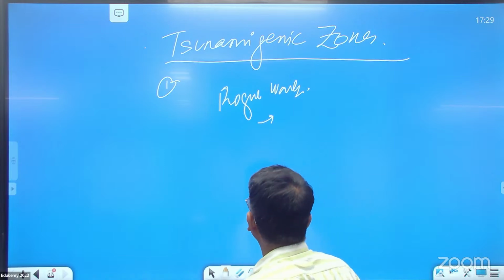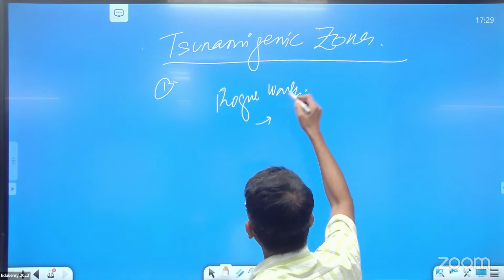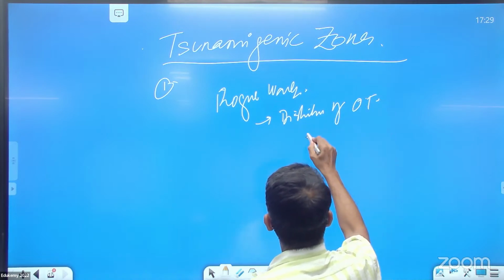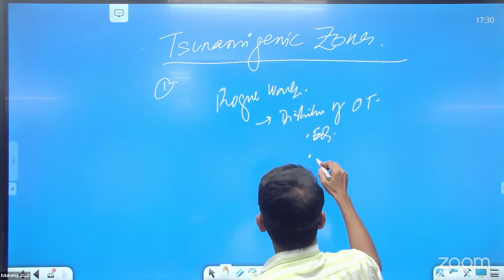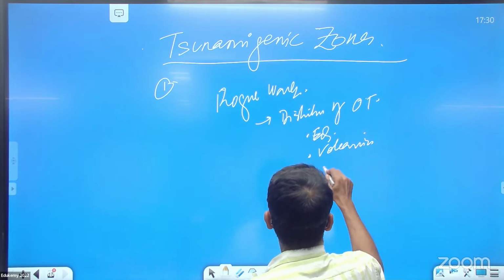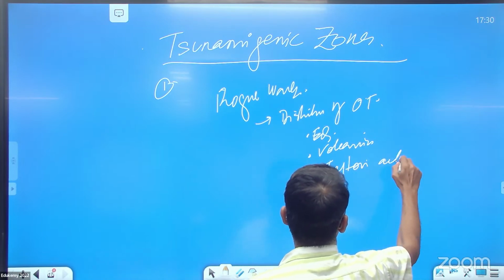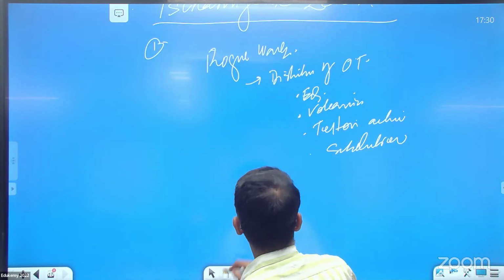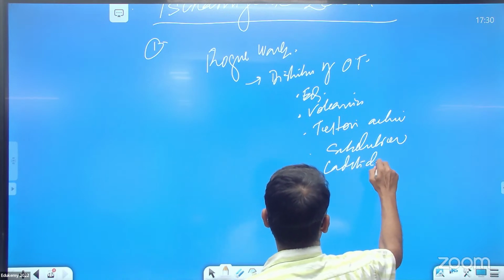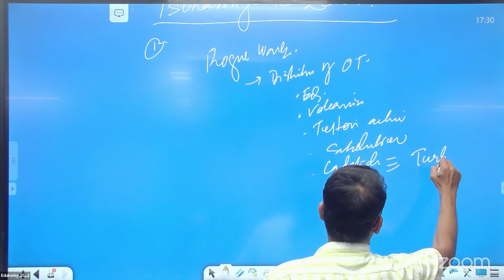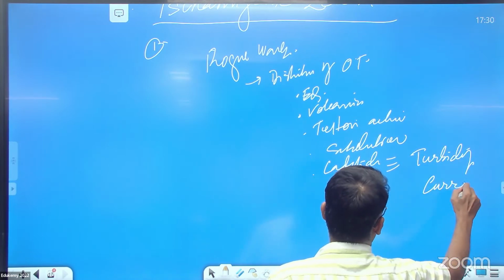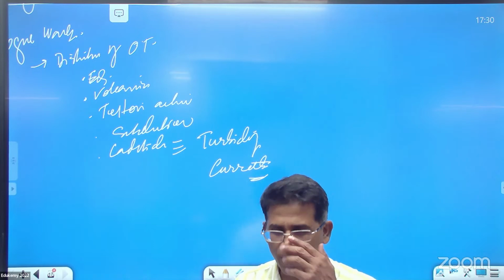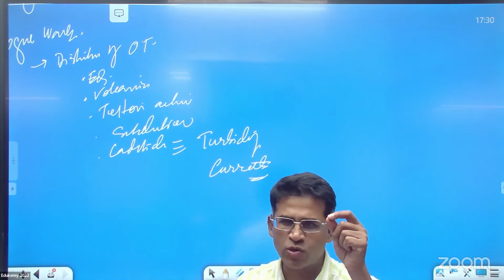These are the 4 reasons why we have tsunamis. They are related to disturbance of the ocean floor. You can add one more point: they are also linked to underwater landslides, which are also called turbidity currents. These are 5 reasons.